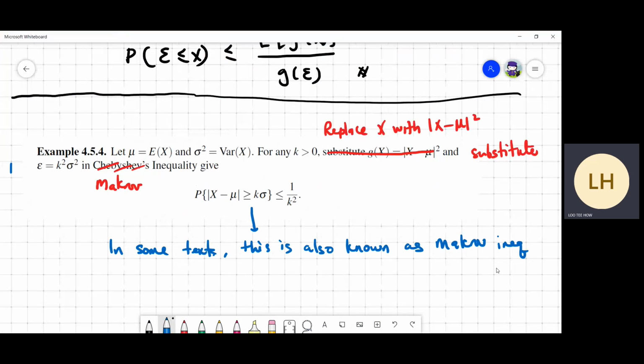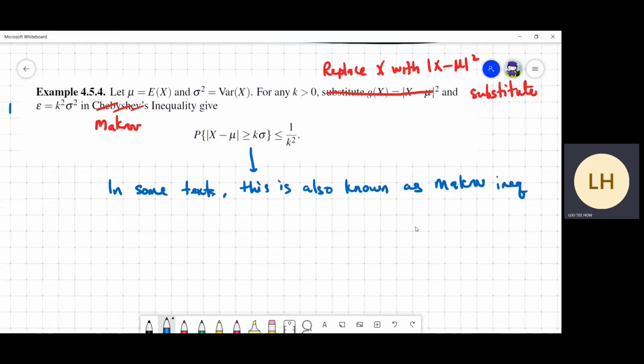In fact, this version is a special case of the Markov inequality of our lecture notes, theorem 4.5.1.